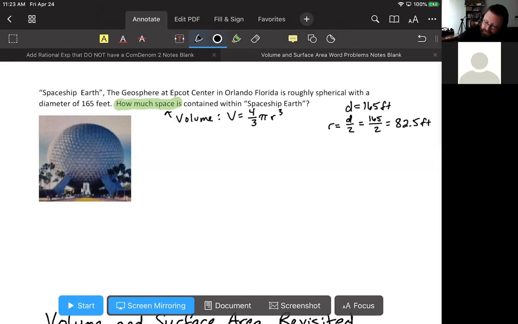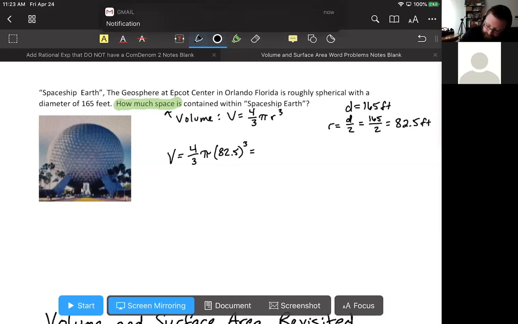So once we have that, this is as simple as us plugging that in for R, 82.5 cubed, and feeding it to the calculator. Now that gives us a really big number, 748,687.5 pi cubic feet.